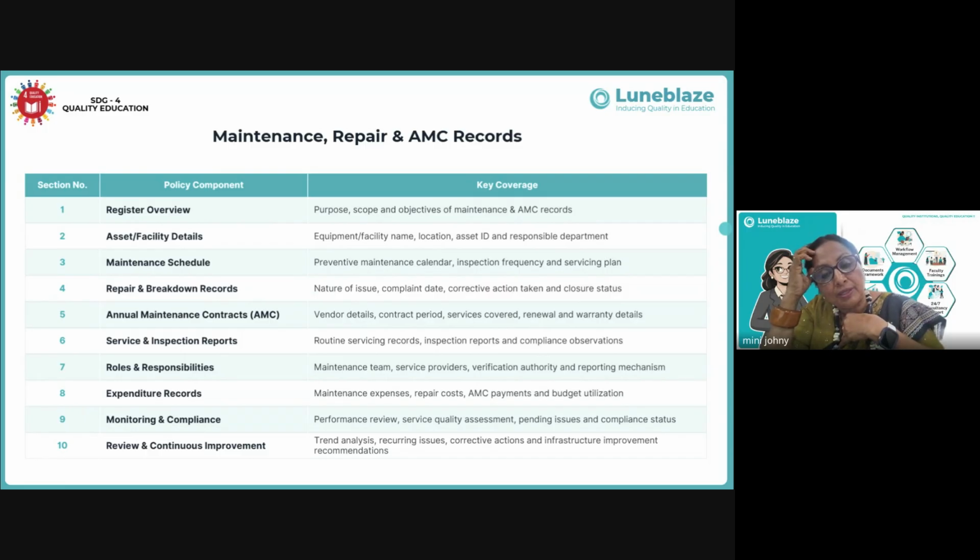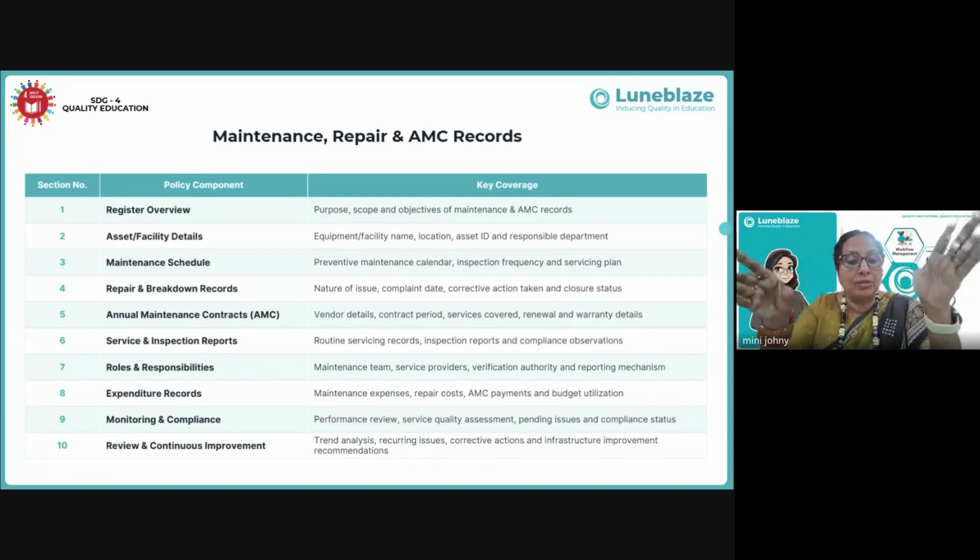Our computer systems should always be serviced. Inspection reports and compliance observations. Roles and responsibilities: maintenance team, service providers, verification authority and reporting mechanism. These are the different committees or teams we should have for maintenance, repair and AMC records.